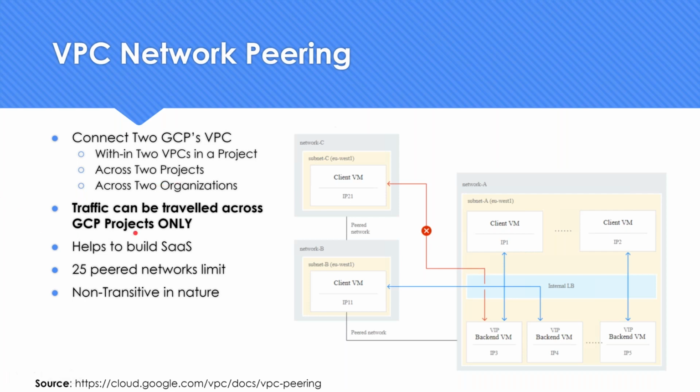It only travels between the GCP projects, meaning it uses Google's backbone. I'll show you this demonstration after the explanation, which is really a cool thing. So the traffic is going to be completely on GCP. It's not going to use the public internet.